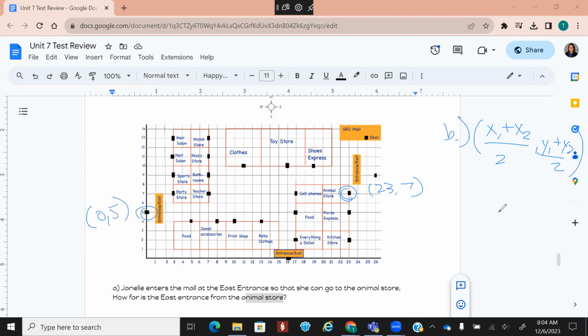So we're going to find the midpoint. That's going to be 0 plus 23 divided by 2, and then 5 plus 7 divided by 2. So that's going to give me 23 over 2 and 12 over 2, which is 6. So 23 over 2 and 6.